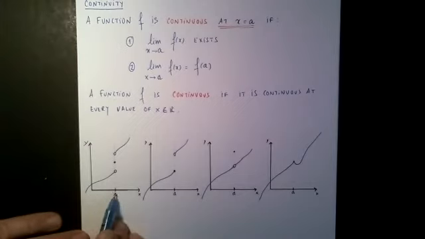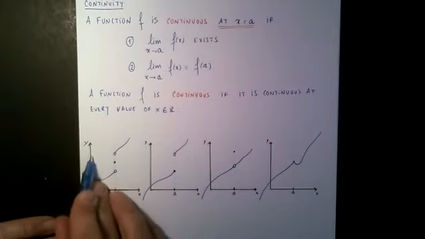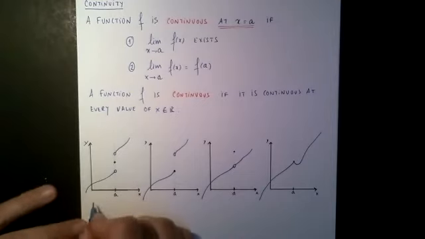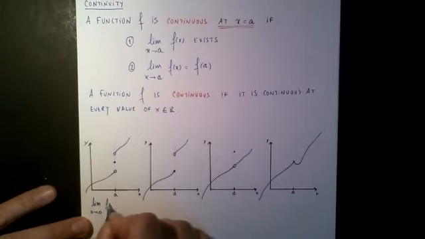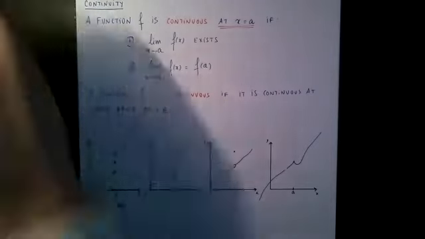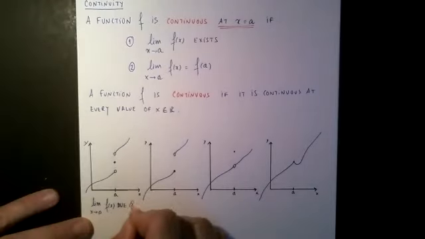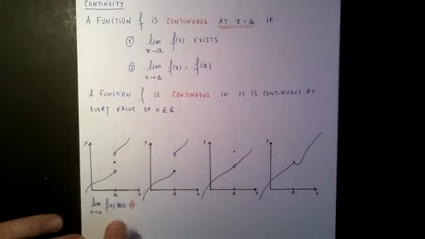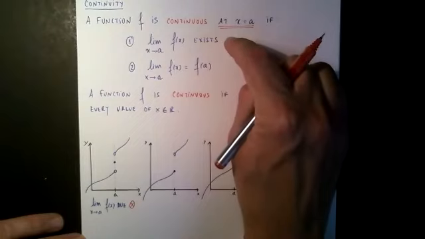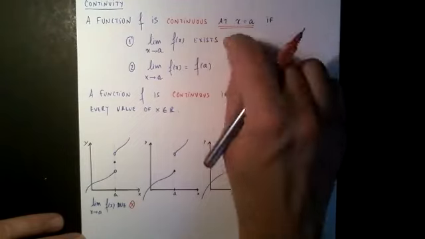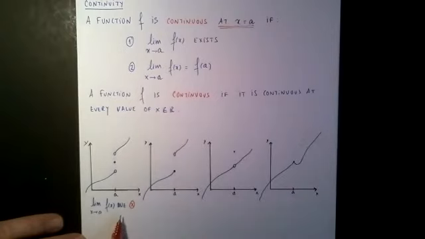So if I approach from the left, I'm approaching this dot here. If I approach from the right, I'm approaching the top dot. So obviously they're not the same place. So the limit as x approaches a of f of x here does not exist. So right away, this is a fail. The first criterion for the function to be continuous at that value fails, because the limit doesn't exist. So I could stop right away.